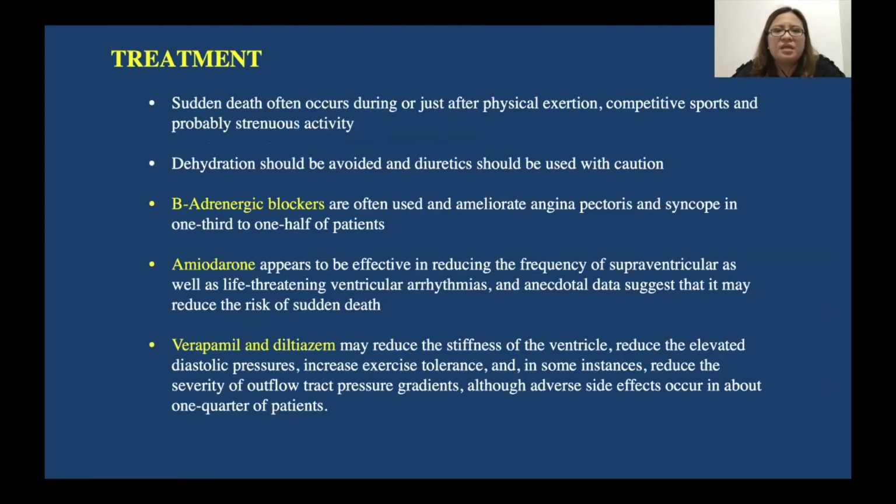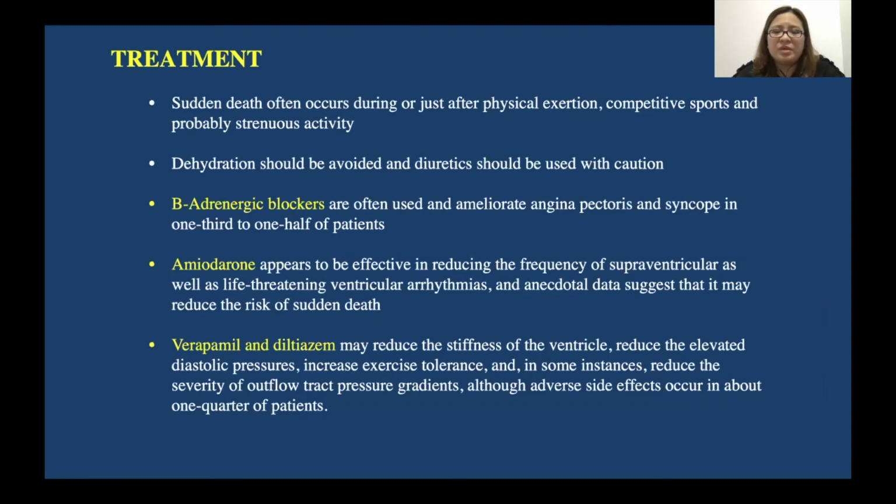Treatment. Sudden death often occurs during or just after physical exertion, after competitive sports, probably a very strenuous activity. You should avoid dehydration, and use of diuretics should be with caution. What are the medications that you can give your patient? You can start your patient on beta blockers to ameliorate angina pectoris and syncope in about one-third to one-half of patients.